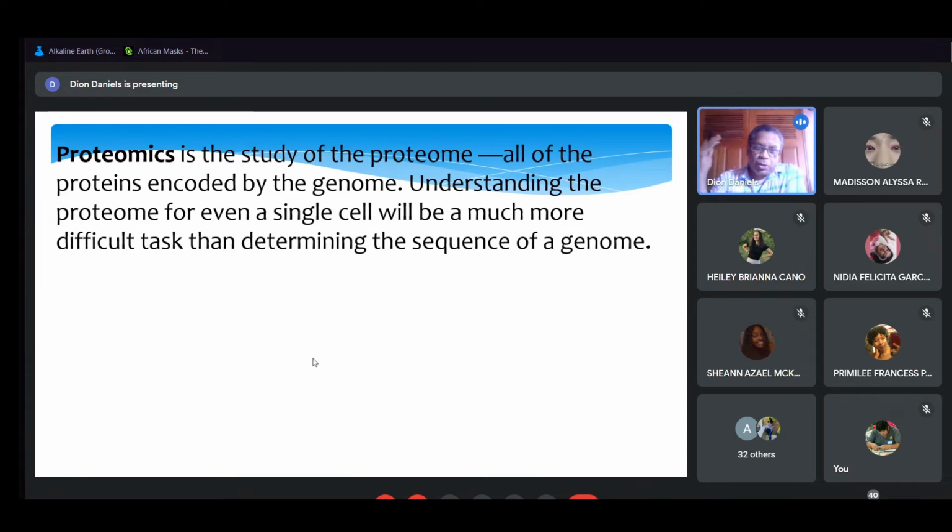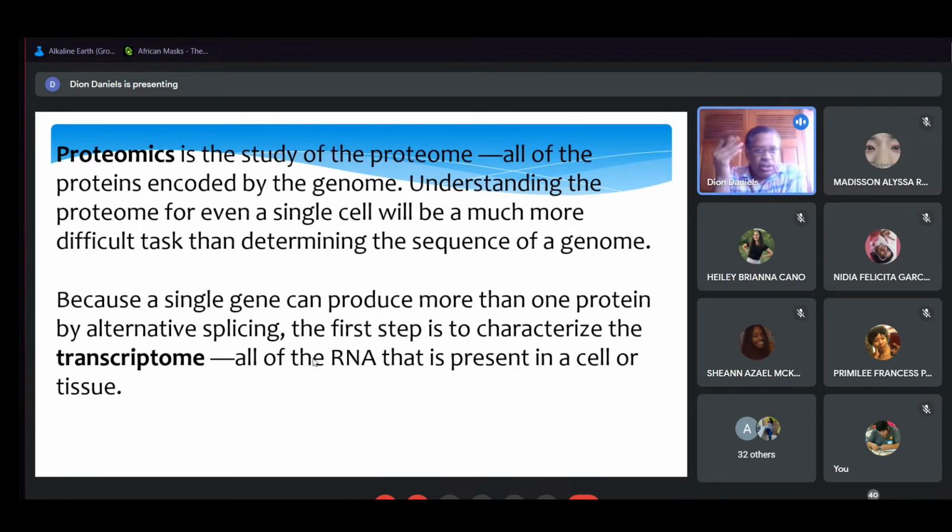The entire genome will code for a group of proteins. The study of all the proteins that are produced by the genome is proteomics. Understanding the proteome for even a single cell will be a much more difficult task than determining the sequence of a genome.